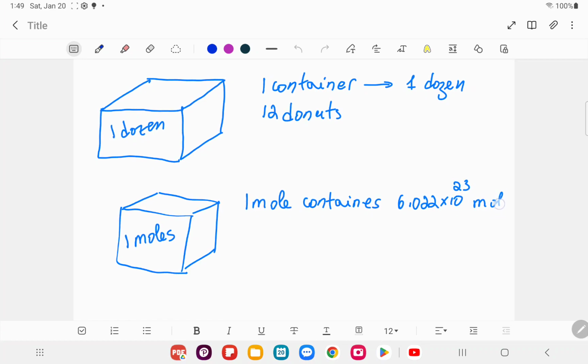They could be molecules if my items are molecules, or 6.022 times 10 to the 23rd atoms if I'm talking about atoms. Or I could be talking about any other thing, but this number is always the same. 1 mole of students will be 6.022 times 10 to the 23rd students.